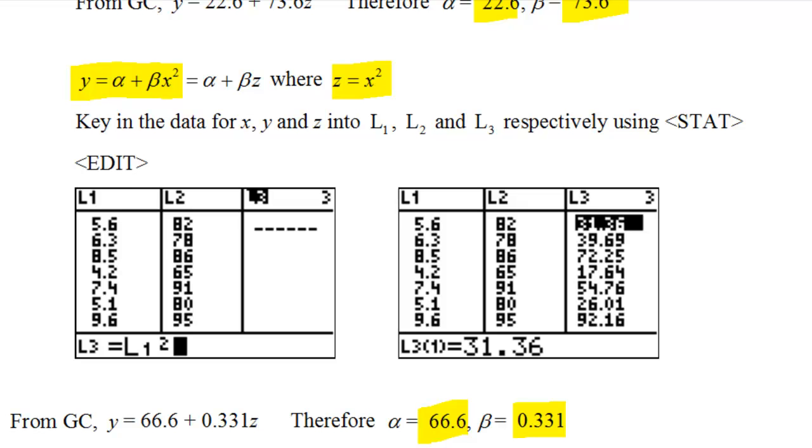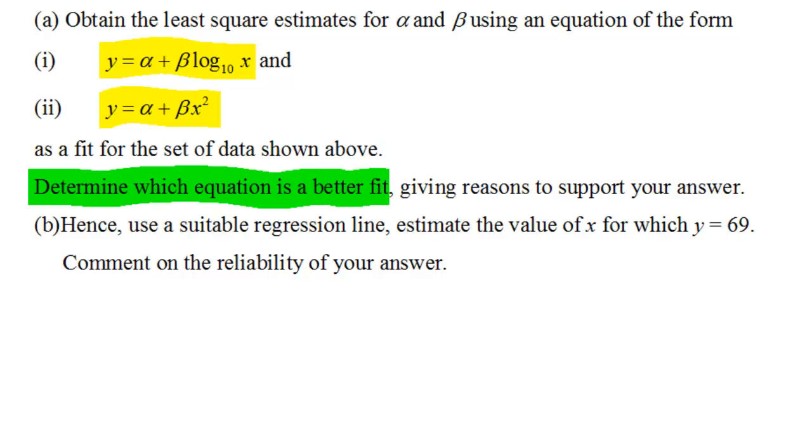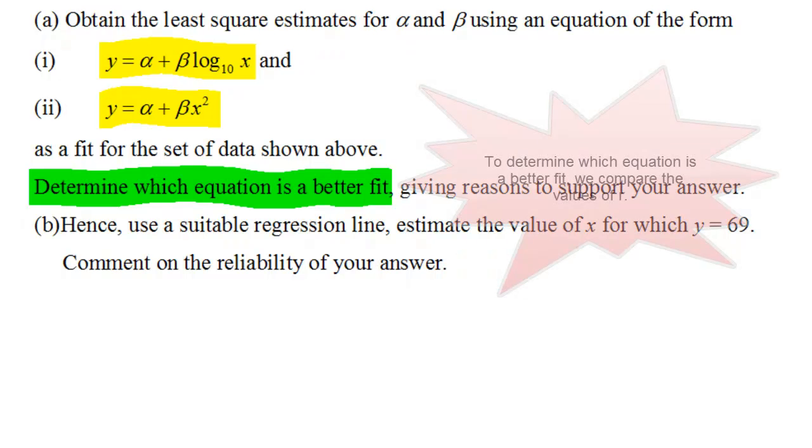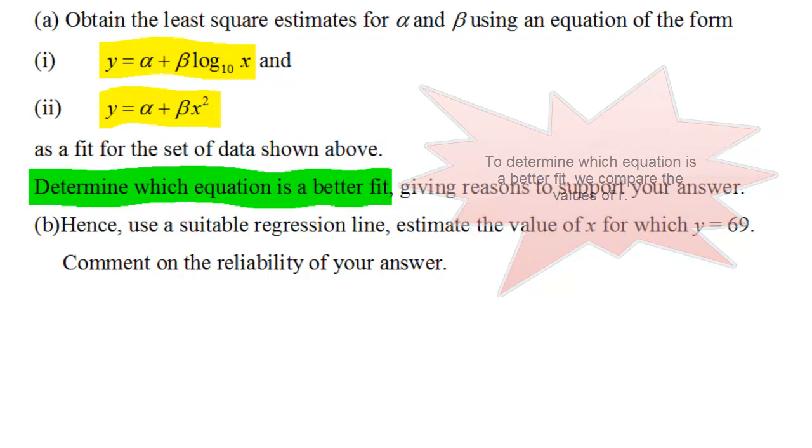The next part of this question requires us to determine which equation is a better fit, giving reasons to support our answer. This is a question which is often asked, and to be able to determine which equation is a better fit, we need to compare the values of r in each case.